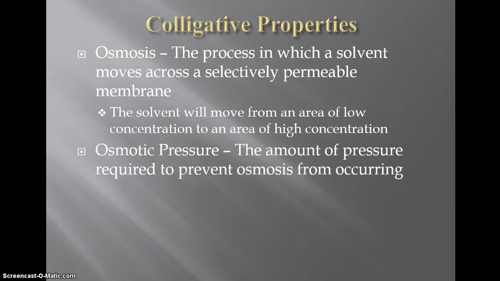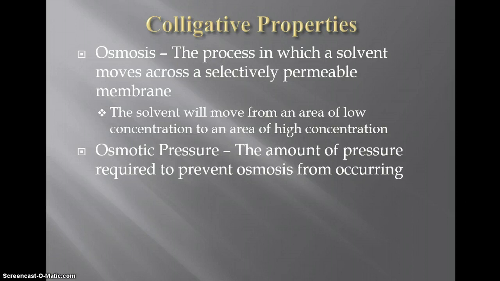Osmotic pressure is simply the amount of pressure required to prevent osmosis from occurring. And basically, this is the idea that as water flows in across that membrane, eventually you reach a point where you've diluted the solution enough so that water is going to want to begin to push back out across the membrane.